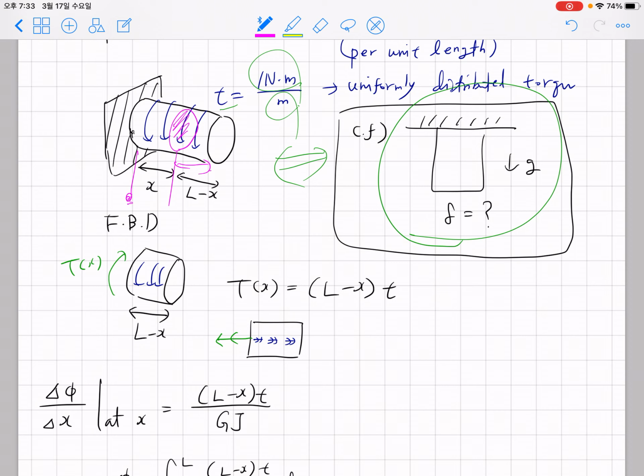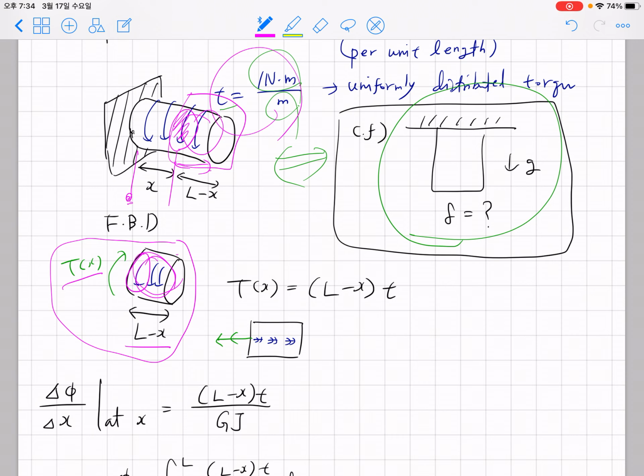Okay, so if we take this part as an imaginary surface and try to draw the free body diagram, it will look like this. There is distributed loading within this zone, and this distributed loading must be balanced by the reaction at the cross section. Let's say this unknown is T of x. The torque per unit length is small t.